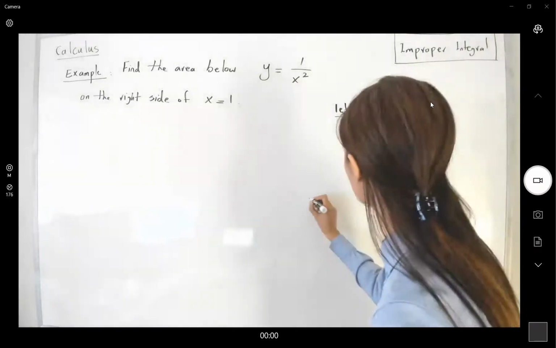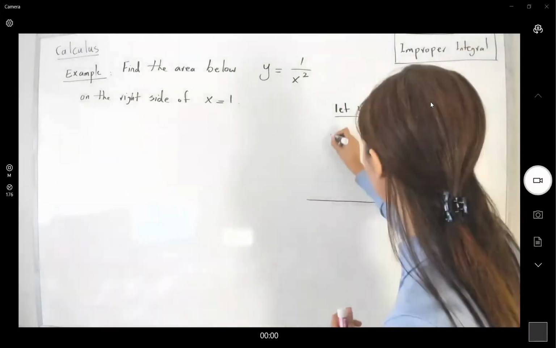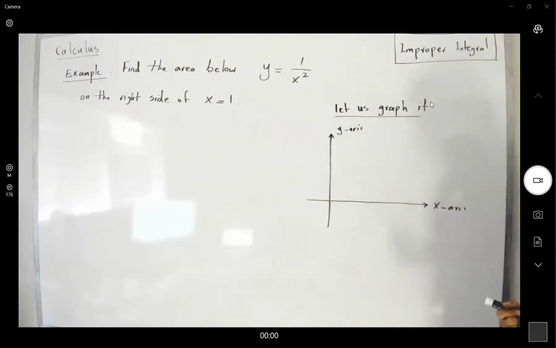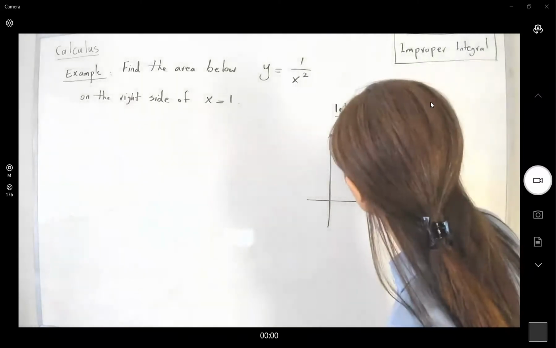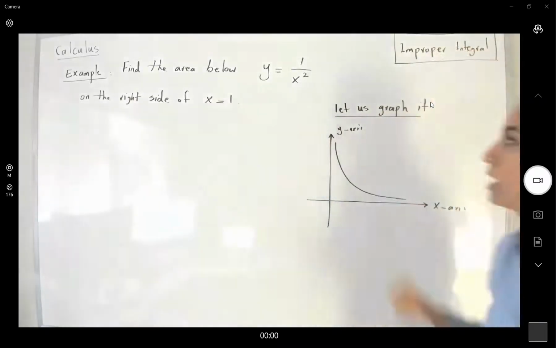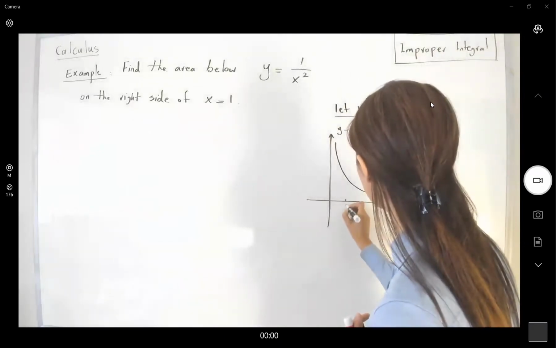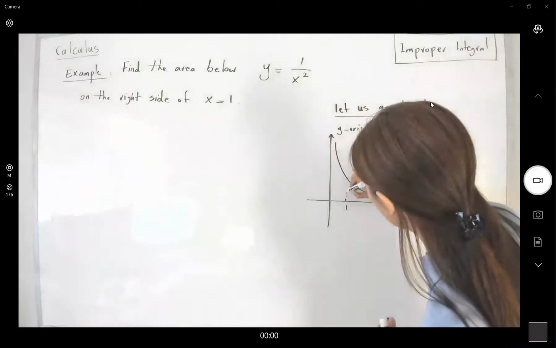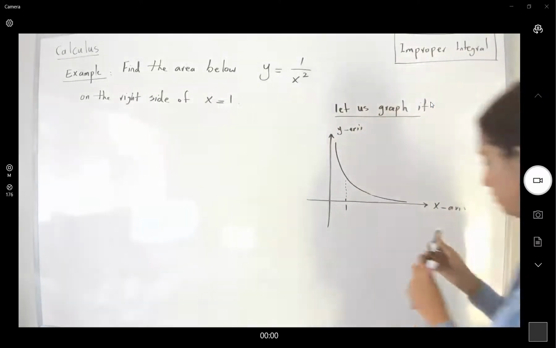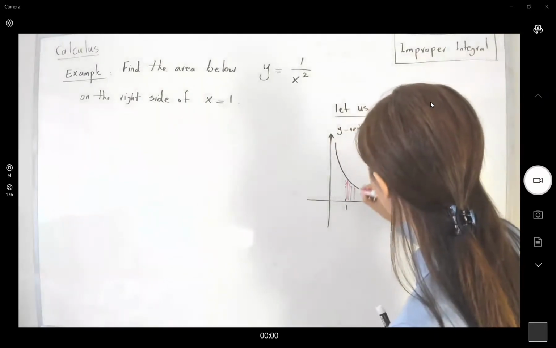Here you have your x-axis, here you have your y-axis, and this is your graph. It says on the right-hand side of x equals 1, and we want to know what this area is.